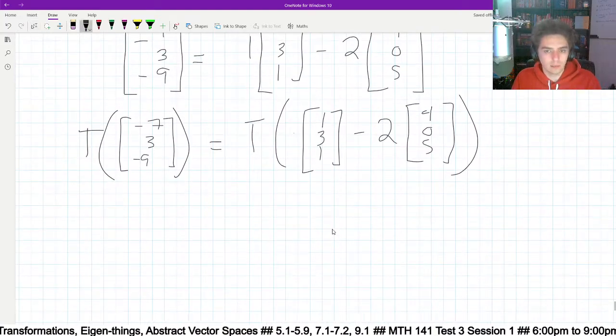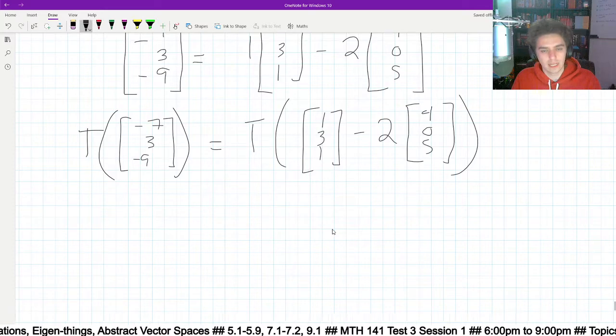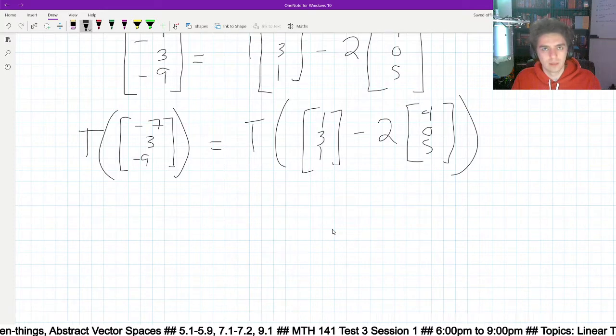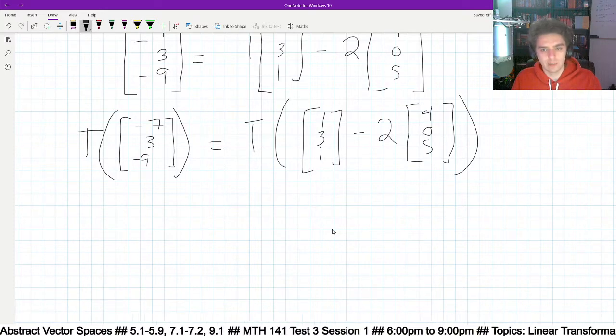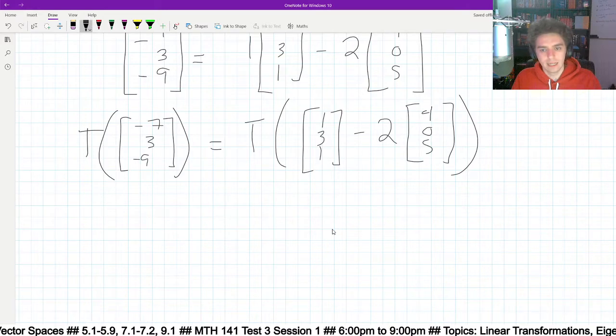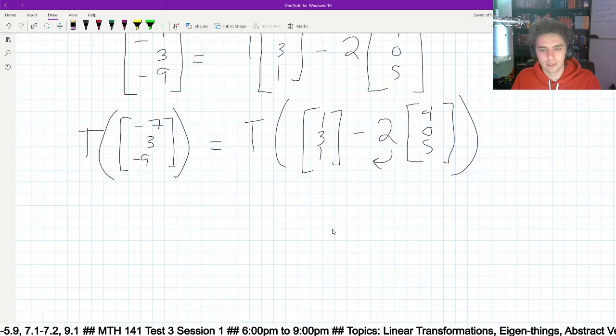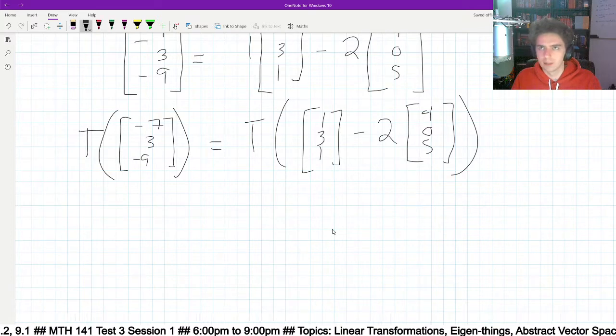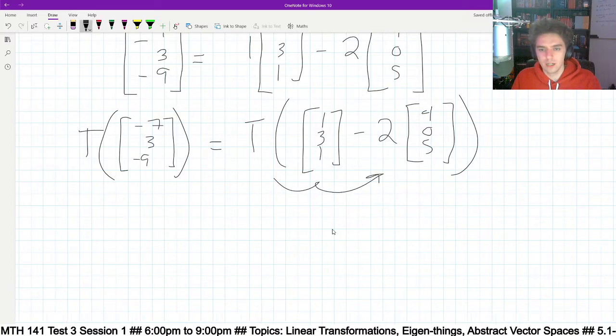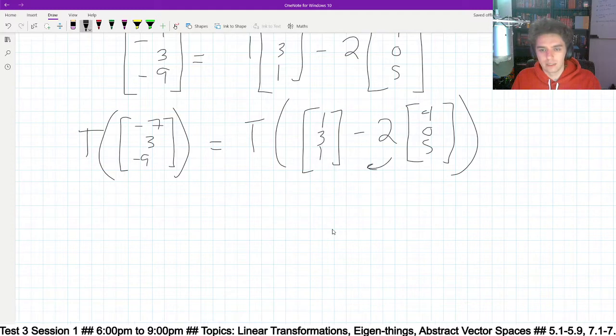One of the important properties of a linear transformation is that it distributes over addition, and you can factor out the scalar.